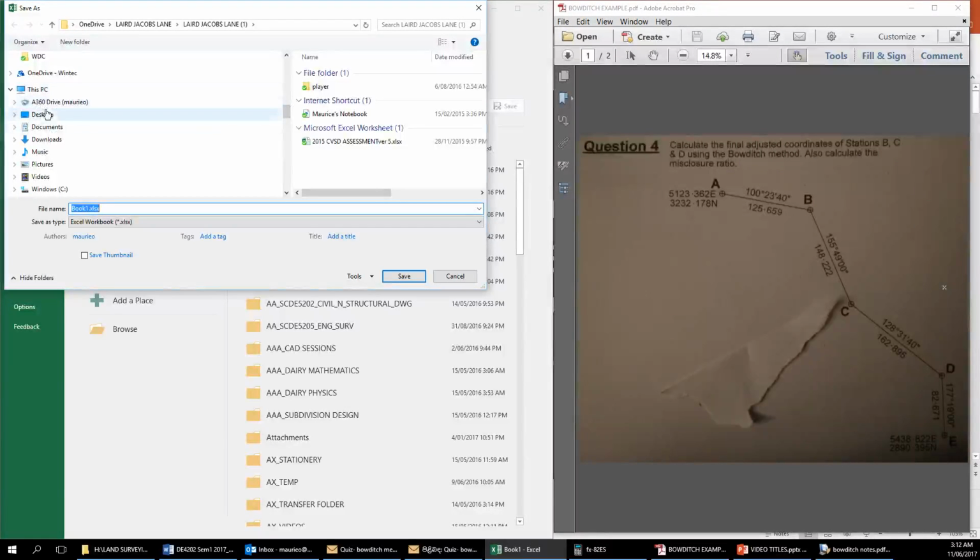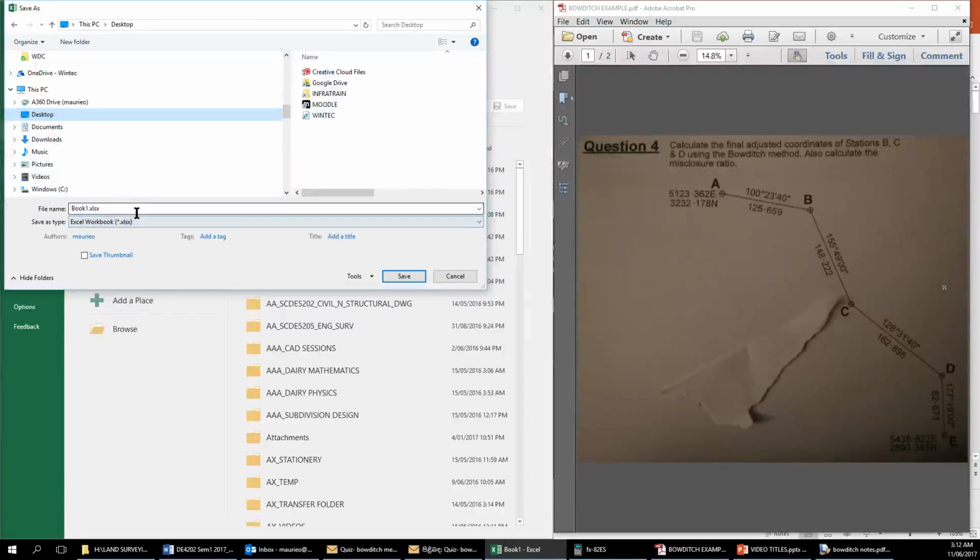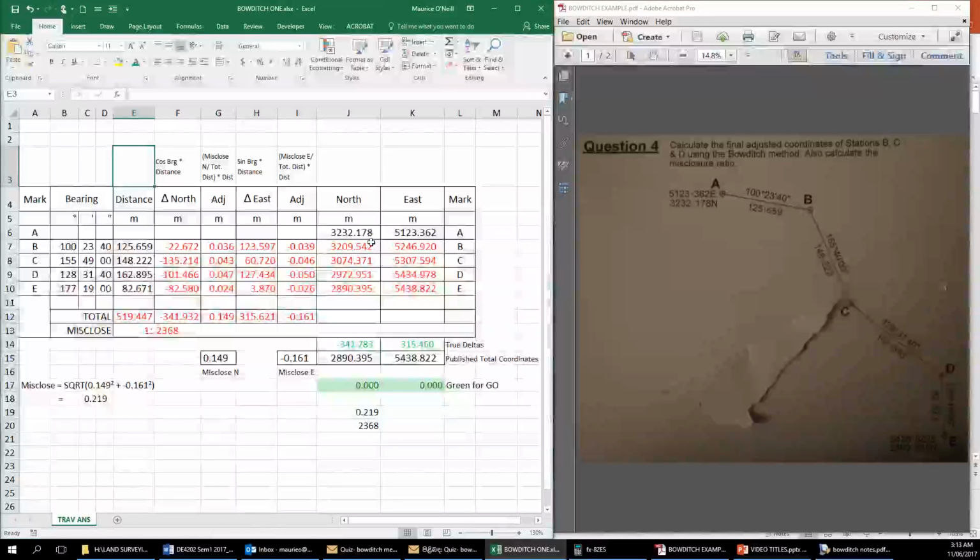Here it is, the desktop, and we'll call this Bowditch 1. Get your spelling right. Bowditch 1. So that's on the desktop if I lose the plot somewhere along the line.